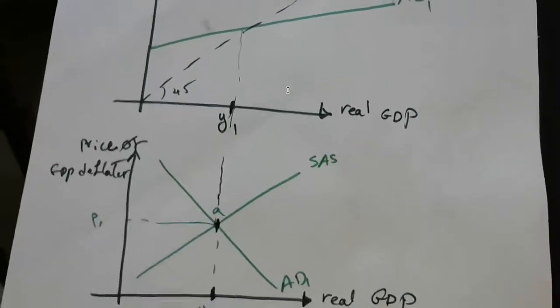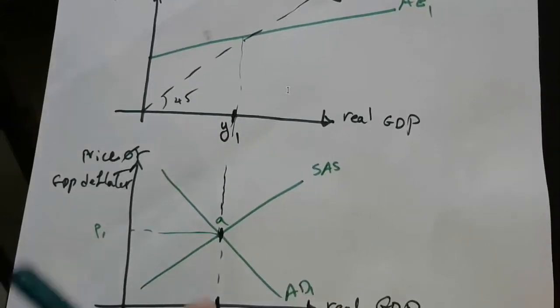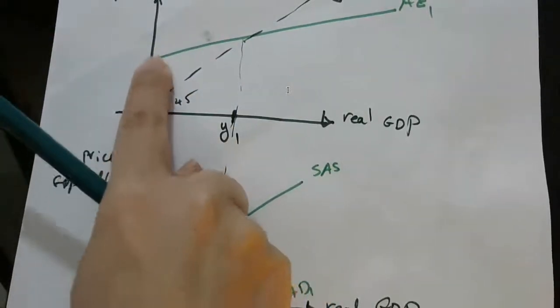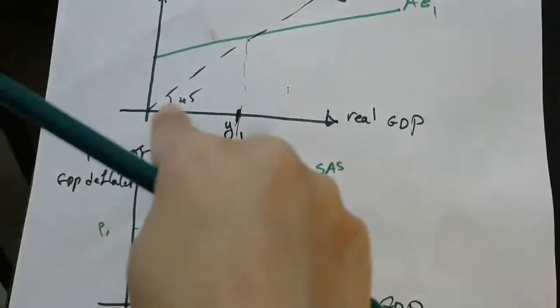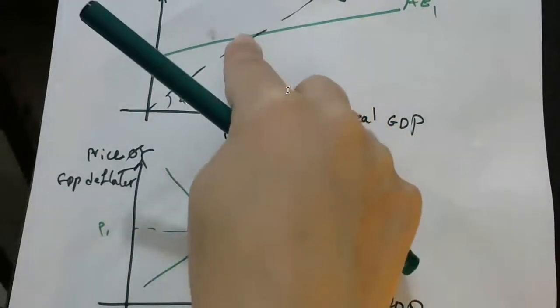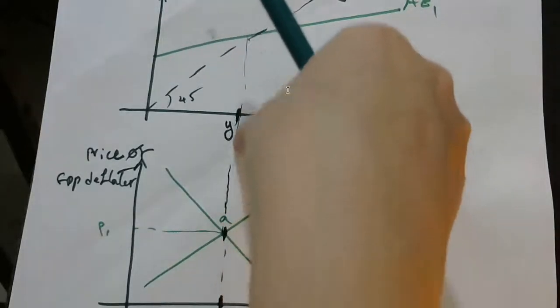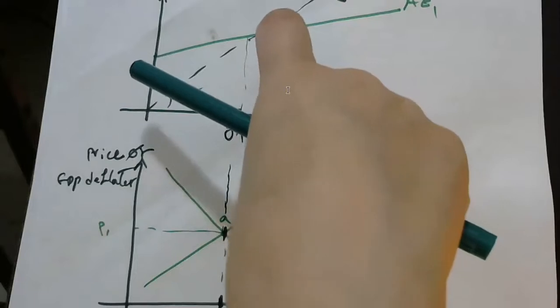As you can see, I have drawn it in the aggregate demand and supply context, and I have drawn it in the aggregate expenditure context. In aggregate expenditure, we have the autonomous expenditure and the induced expenditure, and the intersection of aggregate expenditure and this 45-degree line gives me the equilibrium. And as you can see, I kept the same amount of GDP because both of them are talking about the same thing.